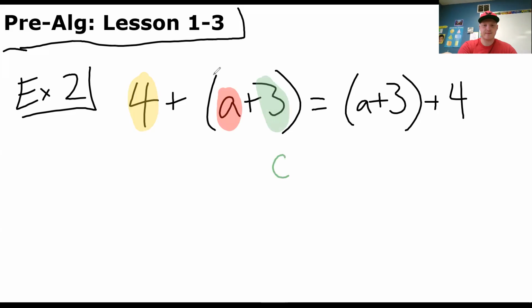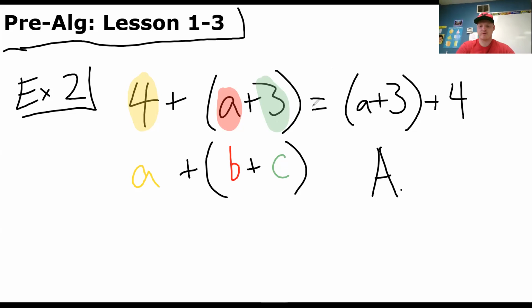We have a C right here, a B right here, and an A at the beginning. Okay, so which one is that going to be? If you look at all your different properties, that is going to be the associative property of addition. I'm just going to write it short, associative property of addition, APA. Okay, so that is what you're going to do for example number 2.